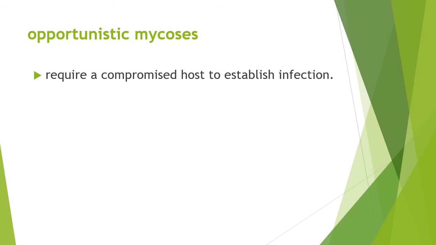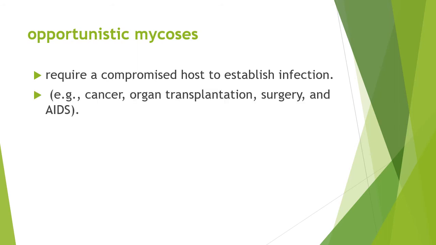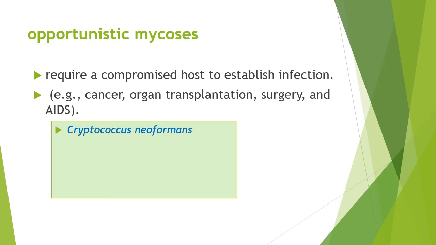An example of this is cancer patients who are on chemotherapy, or patients after organ transplant, patients who have undergone surgery, or AIDS patients. In AIDS patients, we commonly see Cryptococcus neoformans, a type of yeast I have mentioned and also explained in the practical slides.